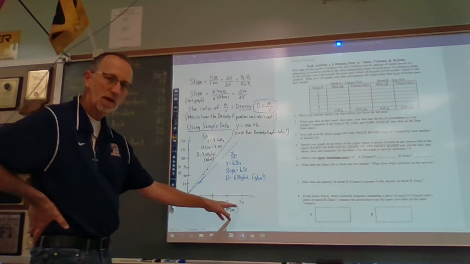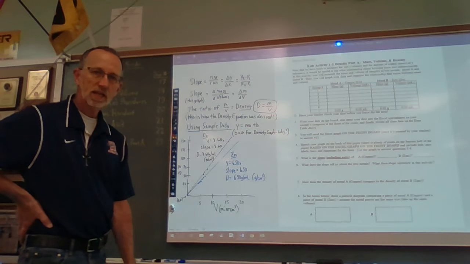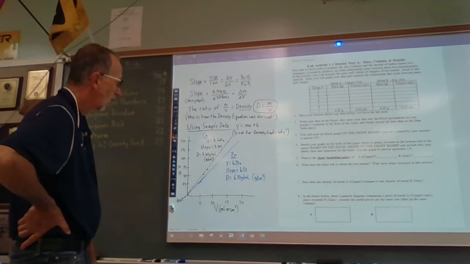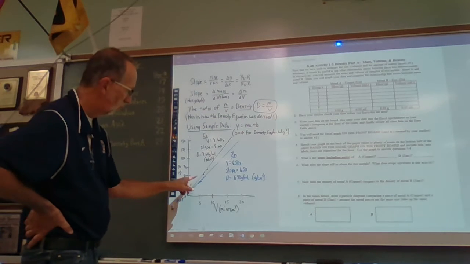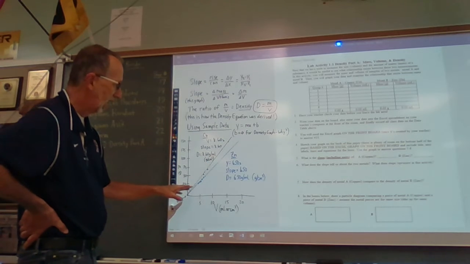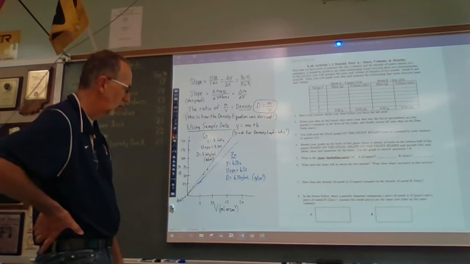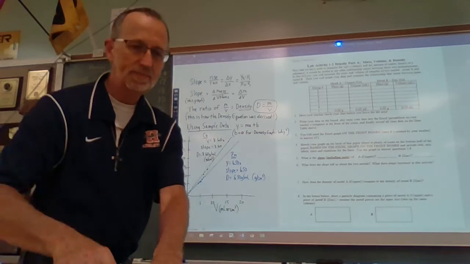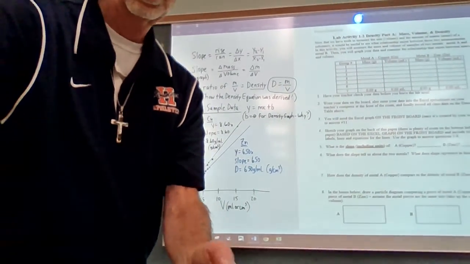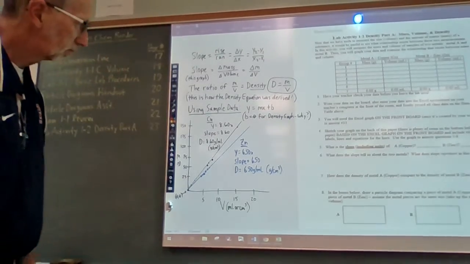I have volume on the x-axis in mLs or centimeters cubed. Remember, those are the same. And I graphed each of the data points. Now, I did copper's data in black, and I did zinc's data in blue. Hopefully you can see that. Maybe I'll bring that even a little closer.